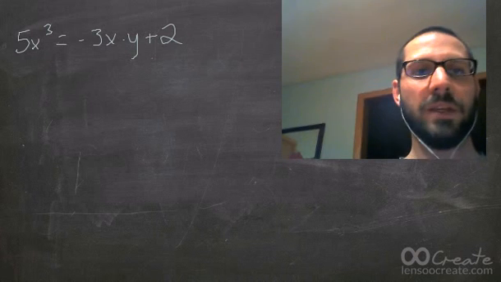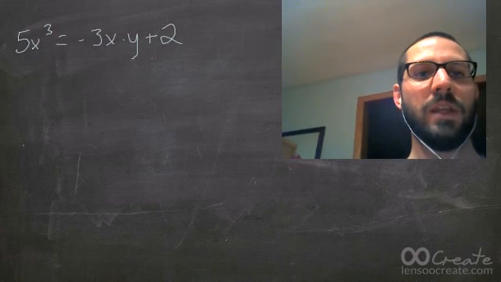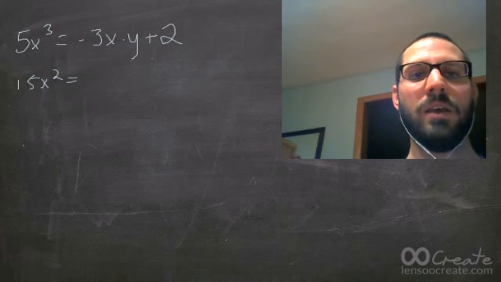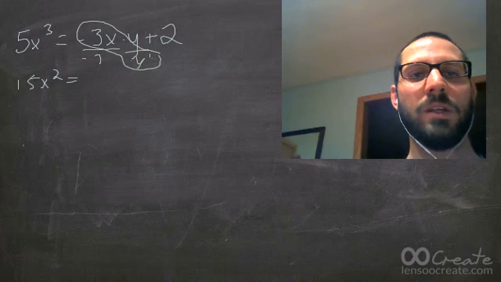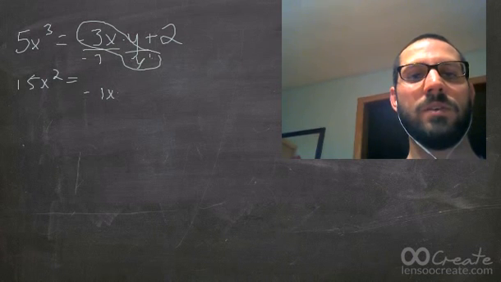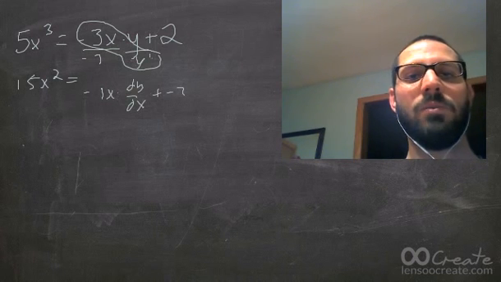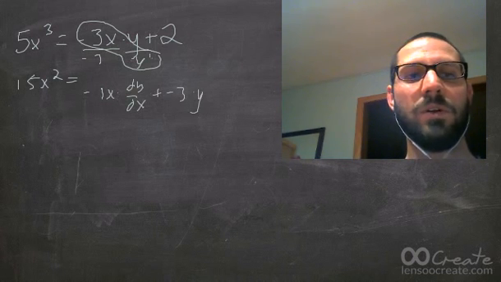All right, we got a little more going on in 5. Our left side derivative is just our normal 15x squared. But over here, I'm going to go ahead and show our 2/3 bow tie. The derivative of negative 3x is negative 3. The derivative of y is y prime. So if we sneak in our 2/3 bow tie there, negative 15x squared equals negative 3x dy/dx plus negative 3 times y, plus our derivative of 2 is 0.